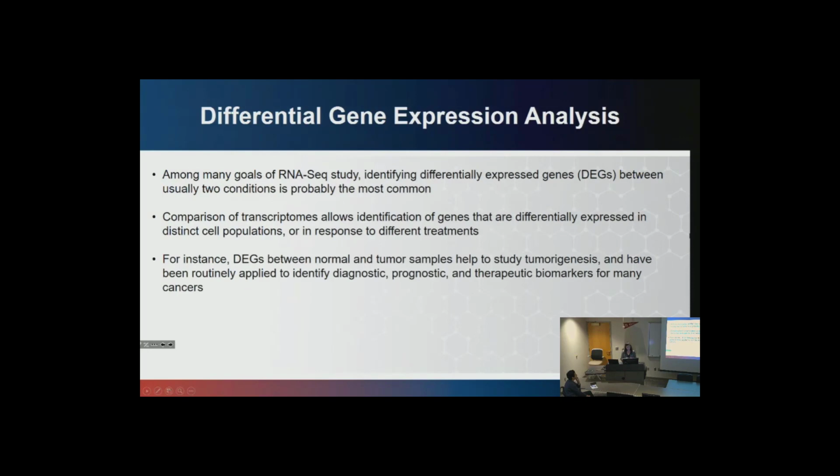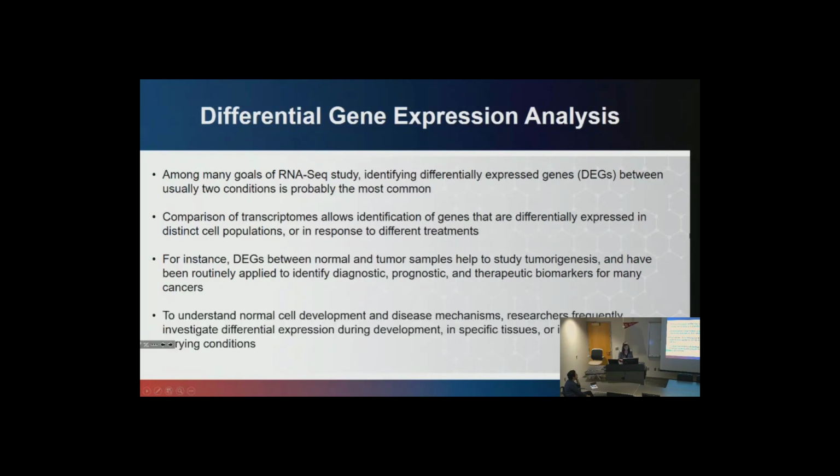For example, differentially expressed genes between normal and tumor samples help to study tumorigenesis and have been routinely applied to identify diagnostic, prognostic, and therapeutic biomarkers for many cancers. To understand normal cell development and disease mechanisms, researchers frequently investigate differential expression during development in specific tissues or in response to varying conditions as well.